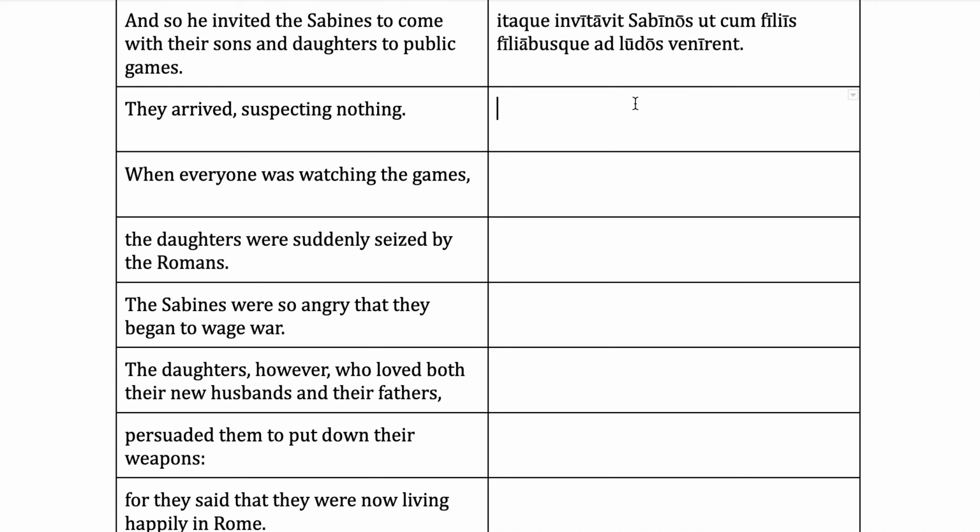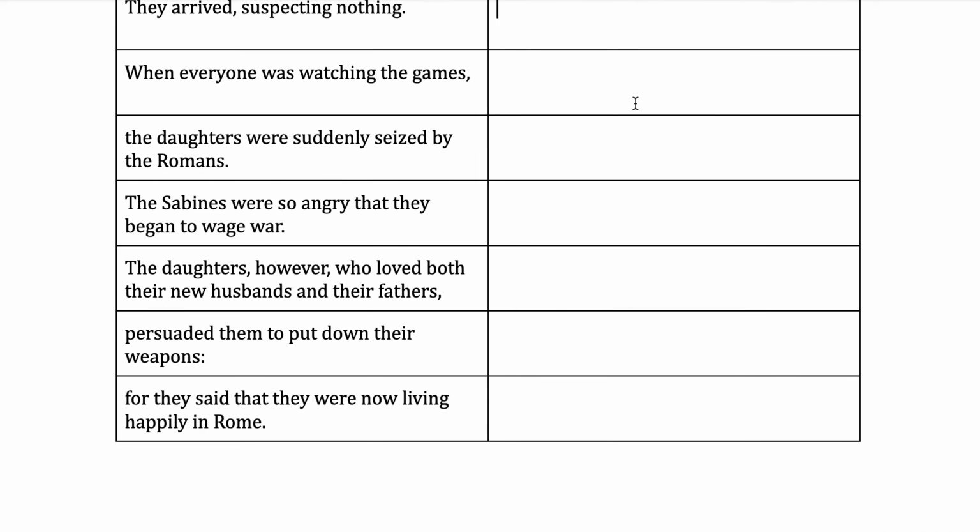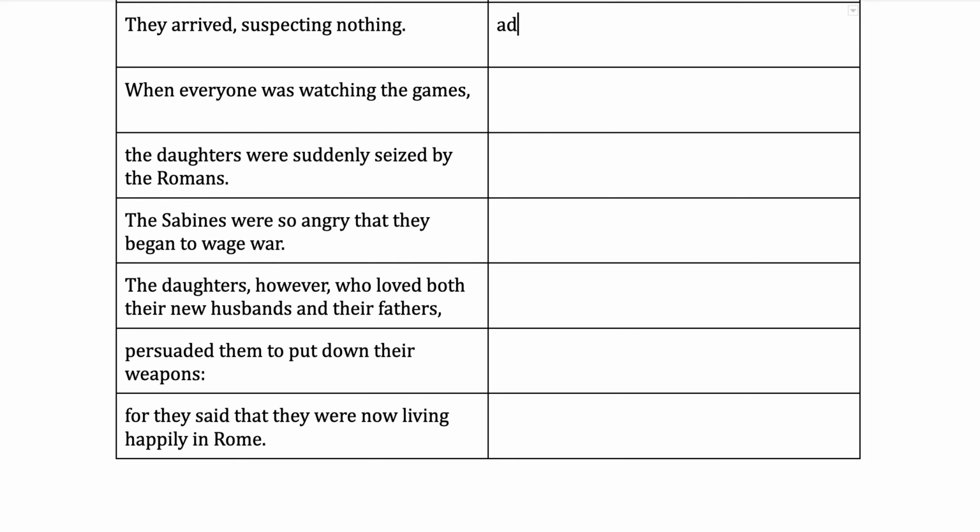Then in the next sentence, so we have they arrive. Now the verb to arrive is advenio, advenire. Third principal part is adveni, that gives us the perfect tense. And then we need the third person plural ending, so advenerunt. And then suspecting nothing. So let's put the verb at the end.